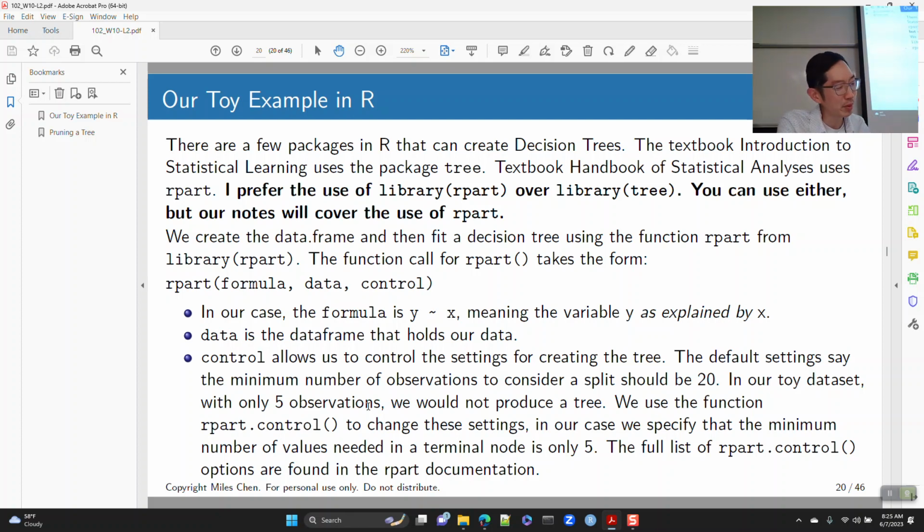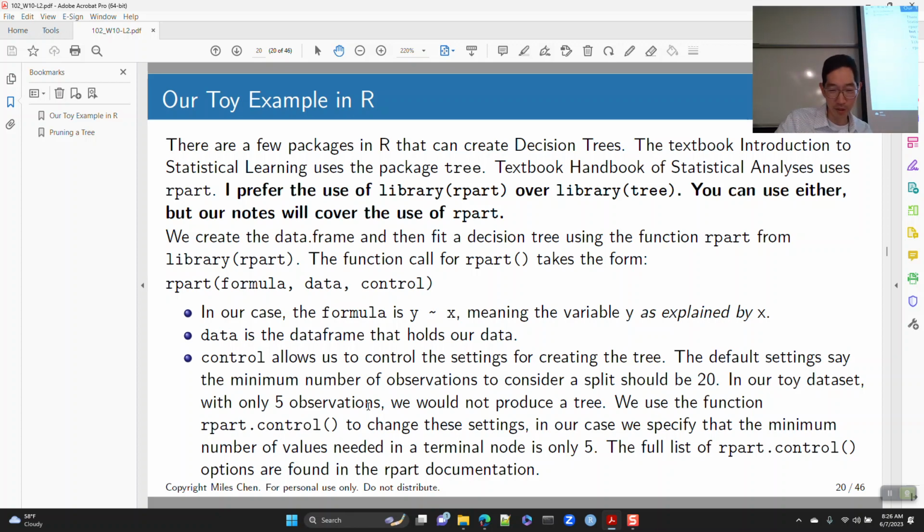What's the minimum number of observations that you need to have if you're going to consider a split? So a lot of times your stopping criterion will be like, okay, once you get down to like 5 observations in a leaf, don't try splitting that any further, because you'll end up with too many leaves and overfitting your data.